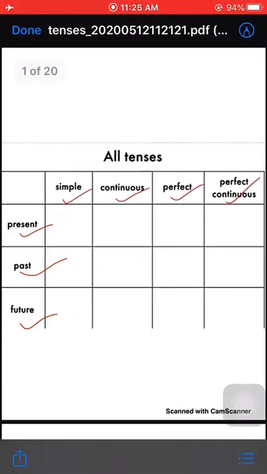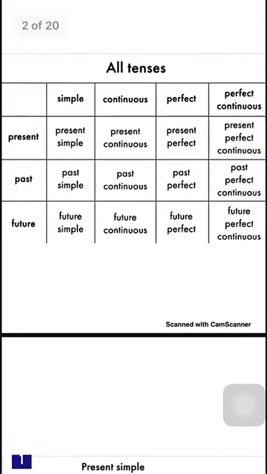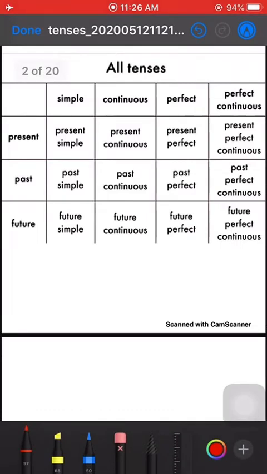Clear? Now the times and the aspects combine with each other, and when they combine they form like this: present time combined with simple aspect forms present simple. Present time combines with continuous aspect to form present continuous.